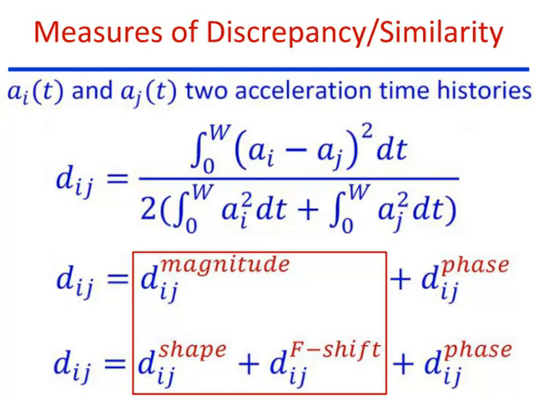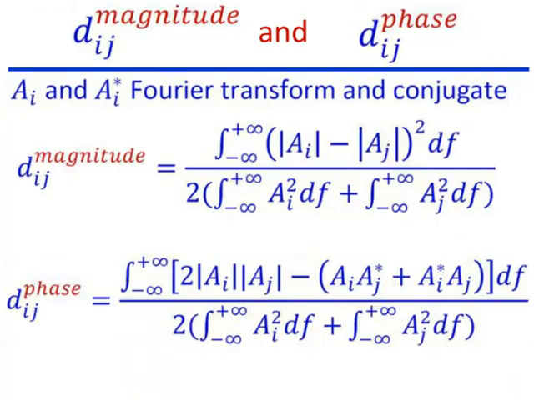And the magnitude discrepancy can be decomposed further in terms of a shape component and a component associated with a shift in frequency. These decompositions can be done efficiently in the frequency domain. So, for instance, the magnitude discrepancy is obtained by comparing the Fourier amplitude spectra of the accelerations, and then the phase discrepancy is given by the equation at the bottom. And for the sake of time, I'm skipping the details of these equations.